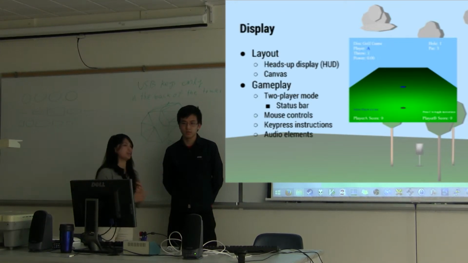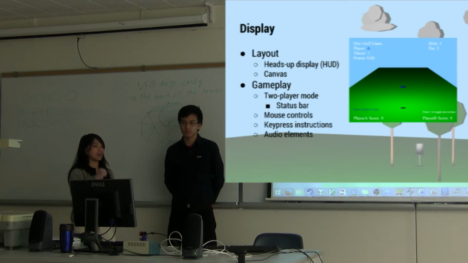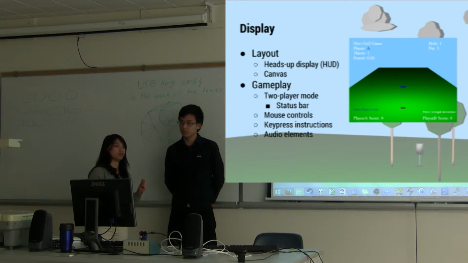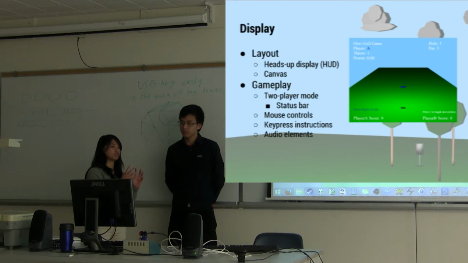And for our gameplay, we have 2-player mode. Since we were alternating turns, we have a separate function for each player. We don't use separate computation for the speeds, but the position, how it computes the last position for each.